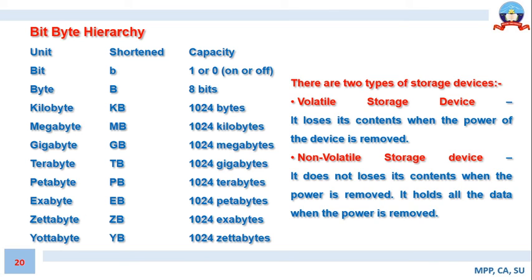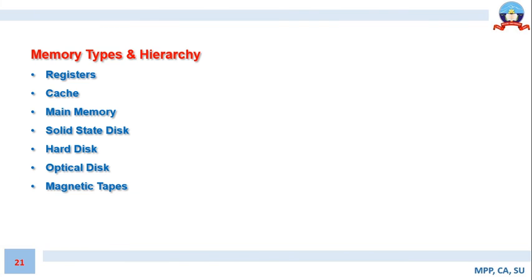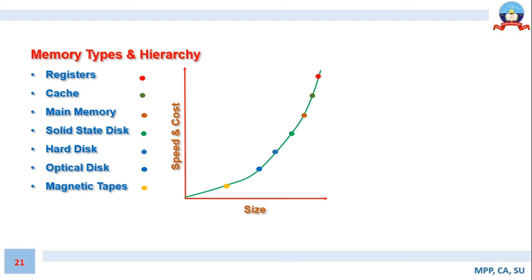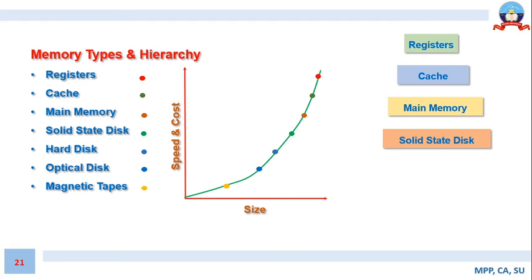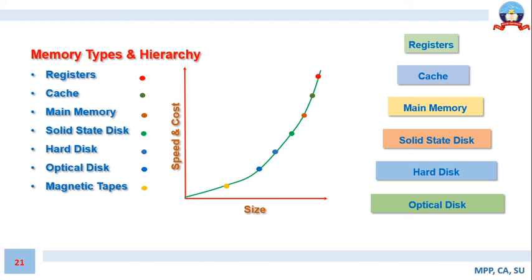And then we came across the distinction between volatile and non-volatile memory, where we learned that volatile memory is a memory that is not capable of retaining the content once the power is turned off. In contrast, non-volatile memory is capable of retaining the content. Then we learned about memory types and hierarchy, where we created a plot between speed, cost, and size. With the increase in size, we saw there's an exponential increase in cost.